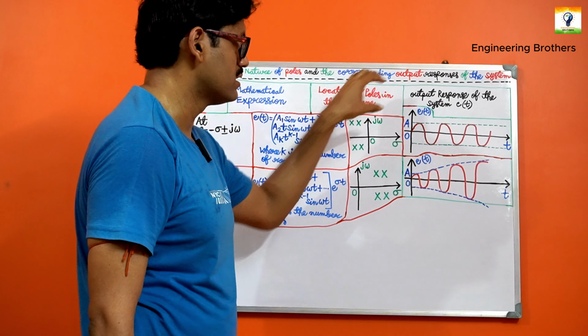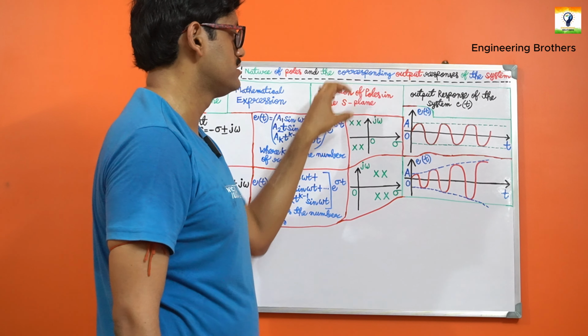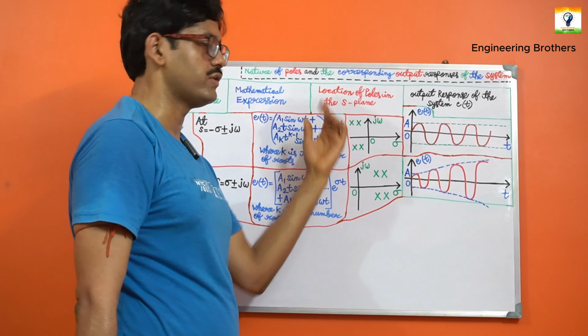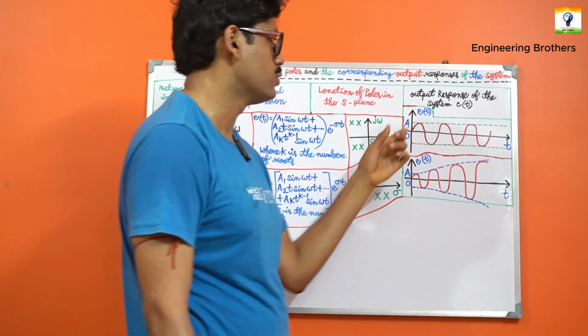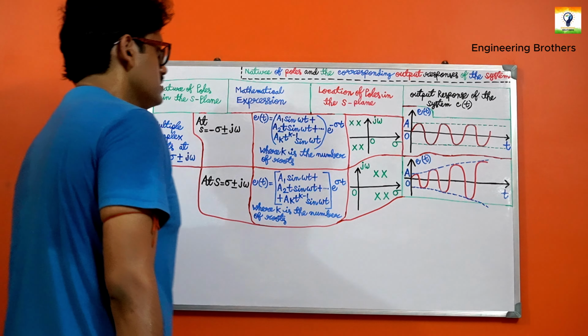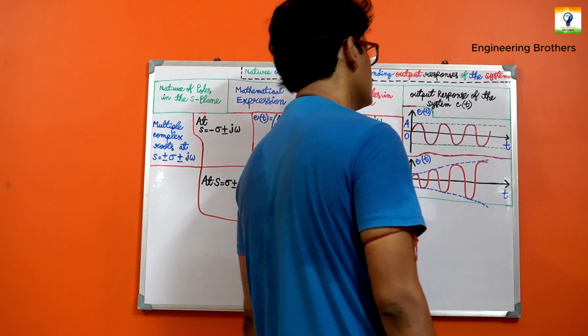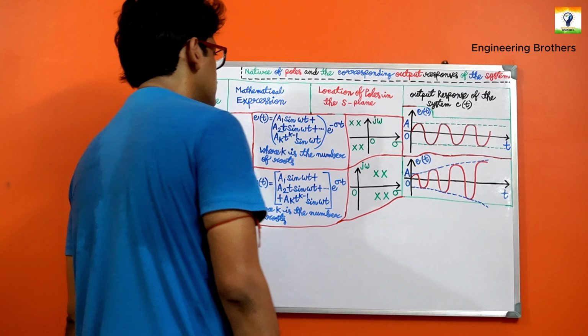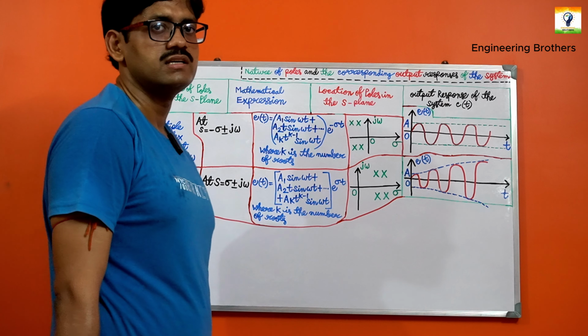Accordingly, we should consider both: the first is the s-plane, and the second is the c(t) versus time curve. Looking at these two characteristics, the system is marginally stable.